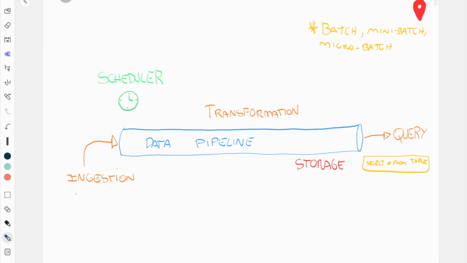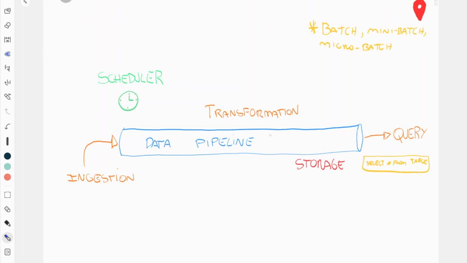But here we have the ingestion part. You would need to retrieve the data at a certain time, in a certain window of time. For instance, micro batch, you may use a minute, 5 minutes, mini batch 10 minutes, 1 hour, and batch once a day, for instance.